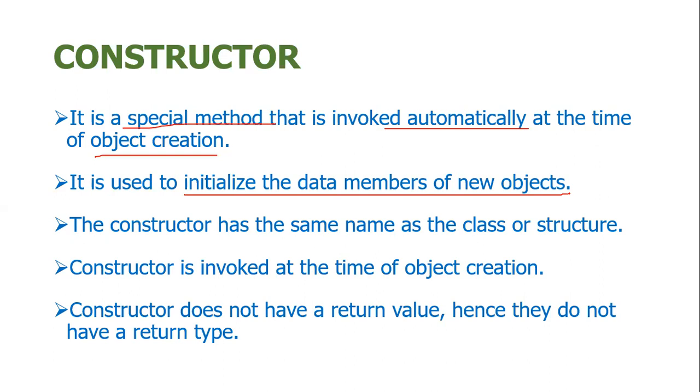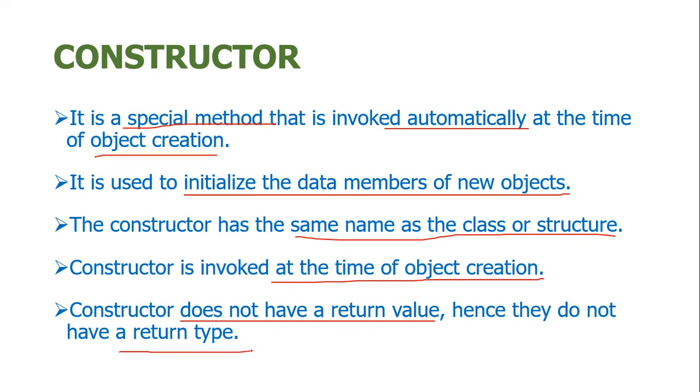Then, how to identify the constructor: a constructor has the same name as the class or structure. It means the constructor name and class name are the same. Constructors are invoked at the time of object creation, and a constructor does not have any return value, and hence it does not have any return type.